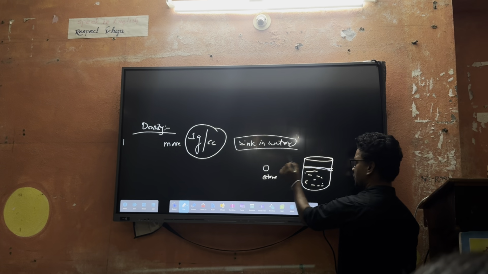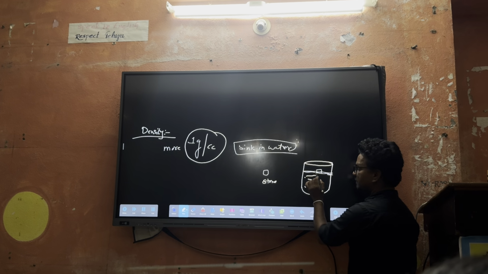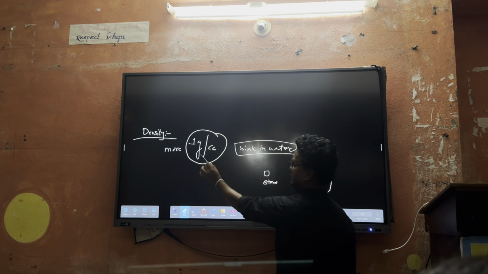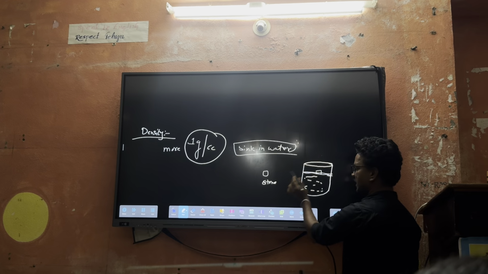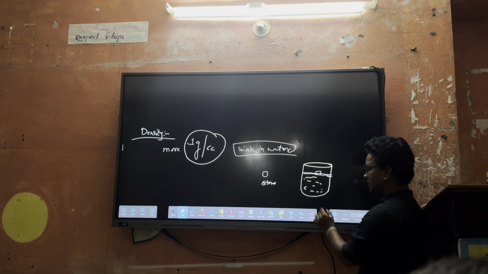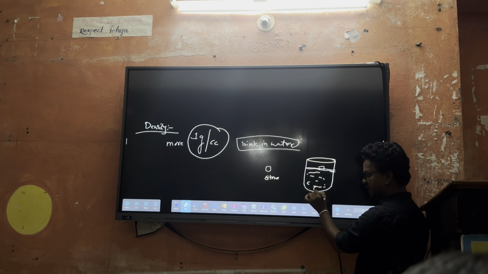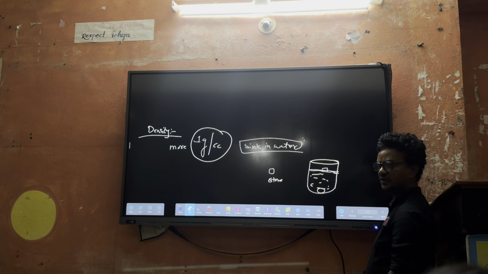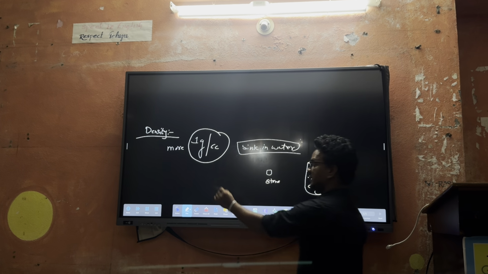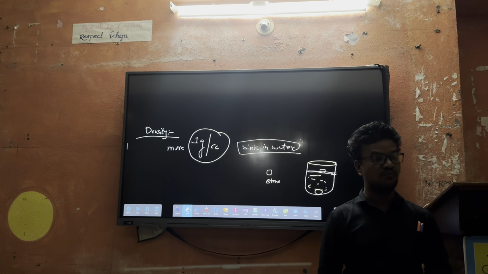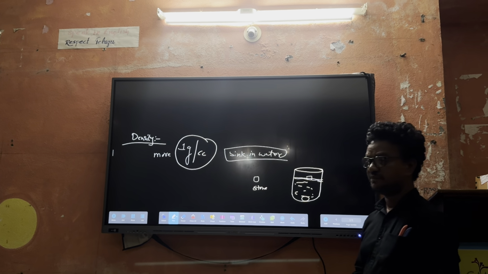When this stone is dropped into the water, with this much density, it immediately reaches the bottom of the beaker. Why does it sink in water? Because the density value is more than 1 gram per cubic centimeter. That's why it sinks in water.